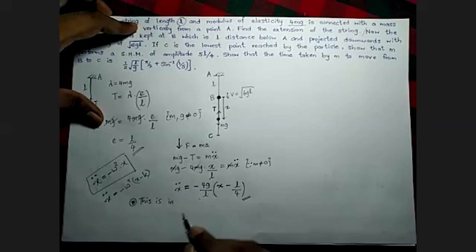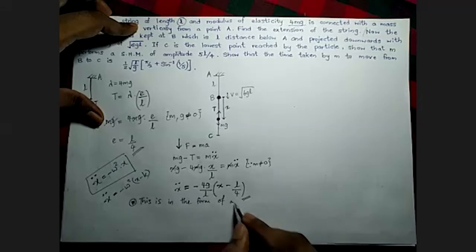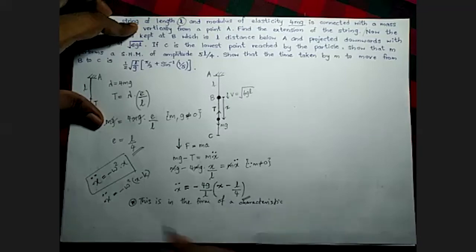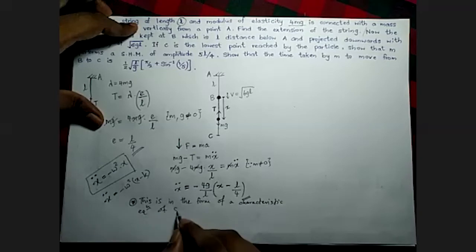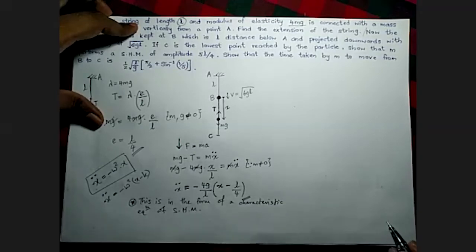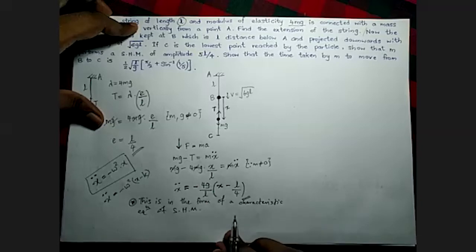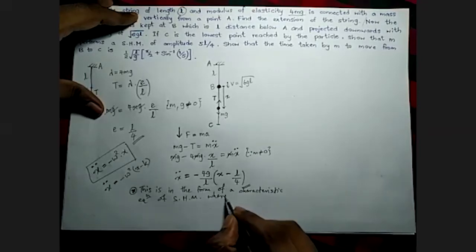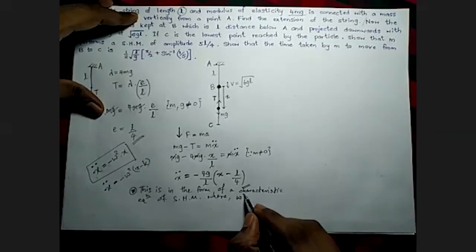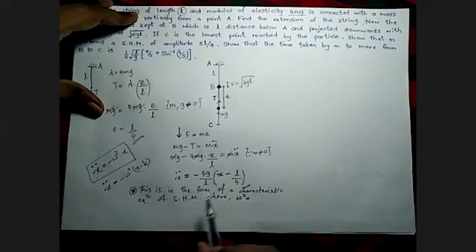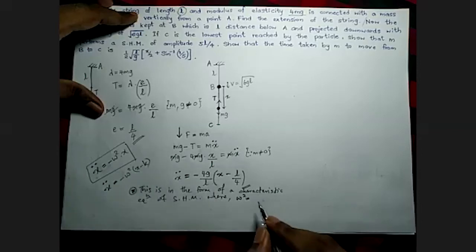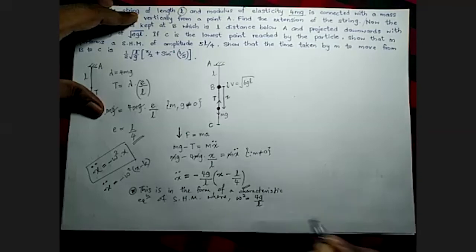This is in the form of a characteristic equation of simple harmonic motion, where now we have to mention what omega square is in this particular motion. That is the constant in front of x, the constant in front of this bracket. That is 4g over L.